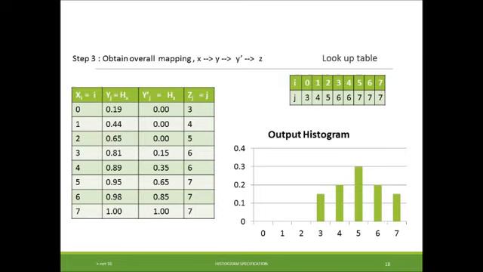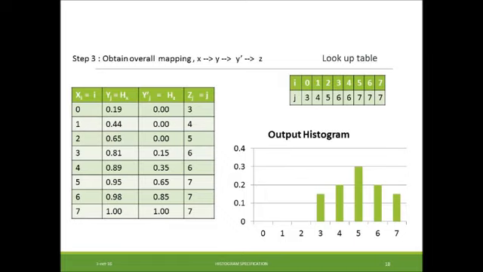Corresponding to 0.35 in Hz, we have the intensity value 4. So we map i equal to 1 to j equal to 4. So this is the second entry in our lookup table.